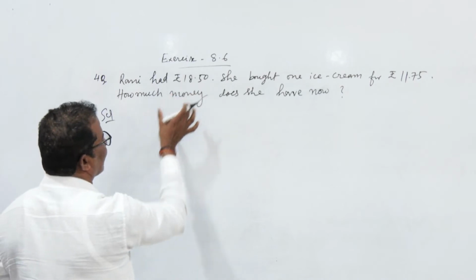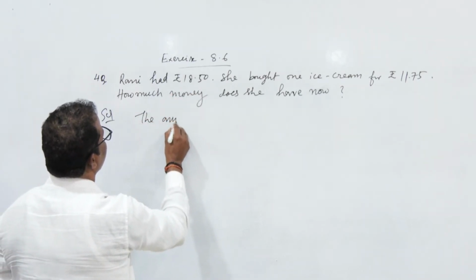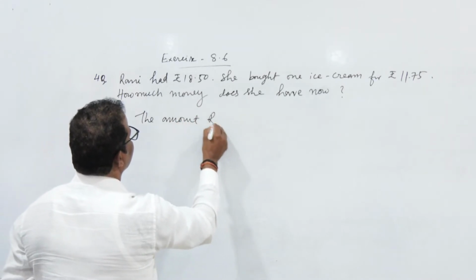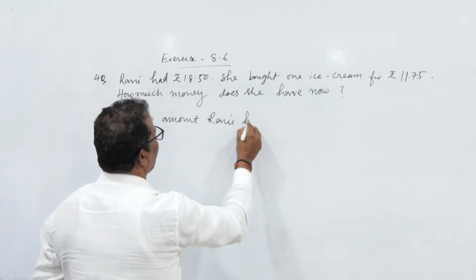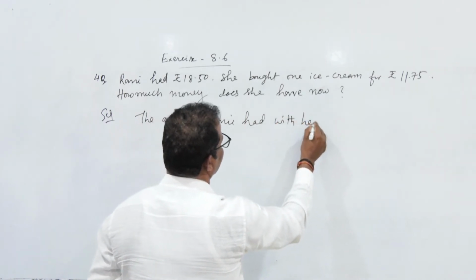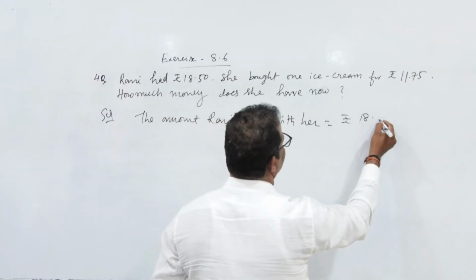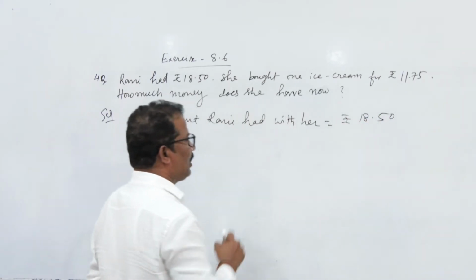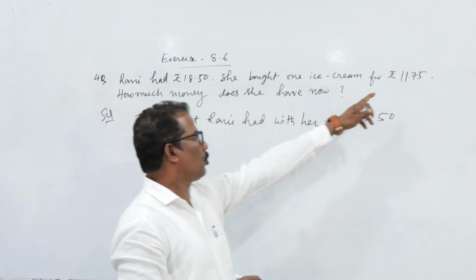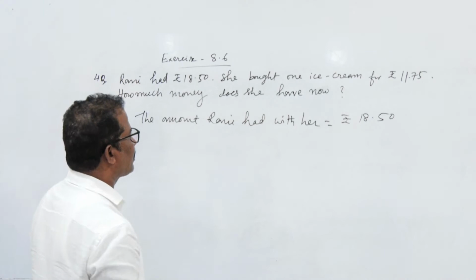See how it is. The amount Rani had with her is equal to how much she had? That is 18 rupees 50 paise. From this she spent 11 rupees 75 paise for buying an ice cream.